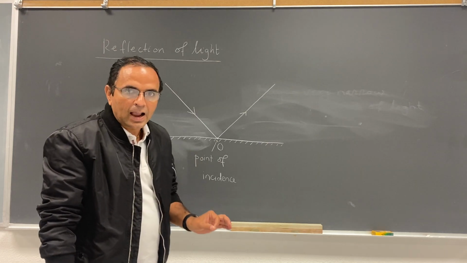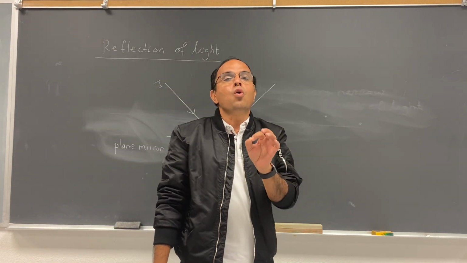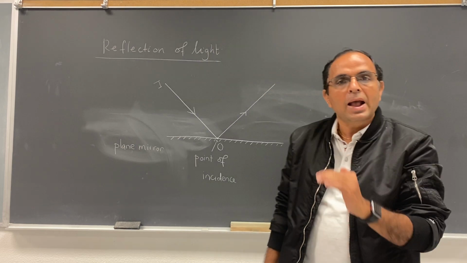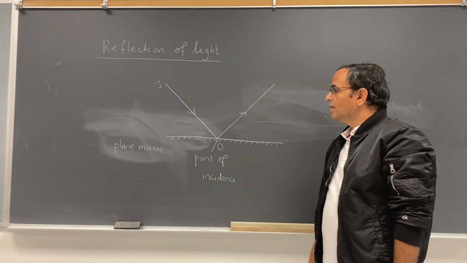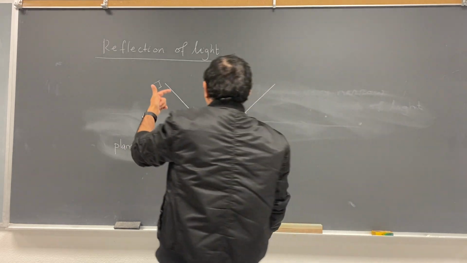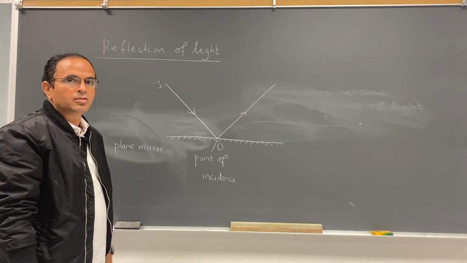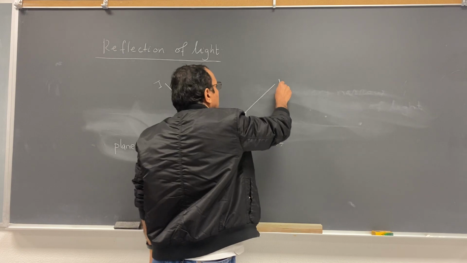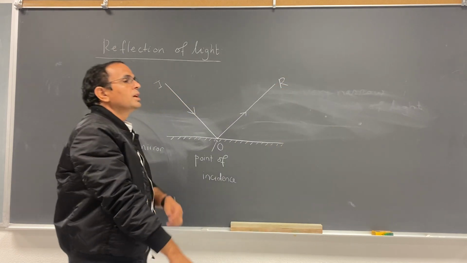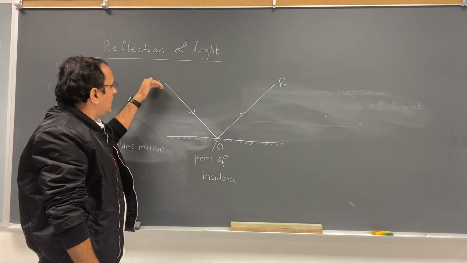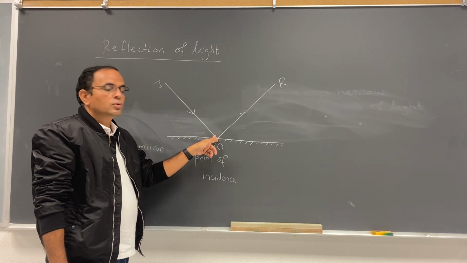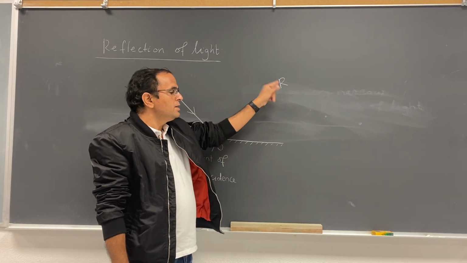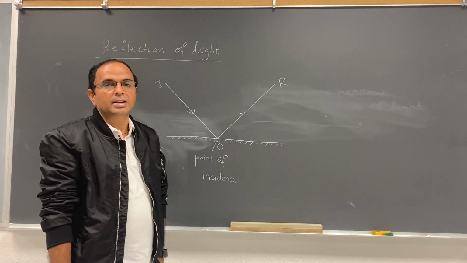A ray of light striking on an opaque object gets back to the same medium. This is called the reflection of light. So here IO is the incident ray, and OR is your reflected ray. Light striking here at this point O gets back to the same medium. That is the reflection of light.